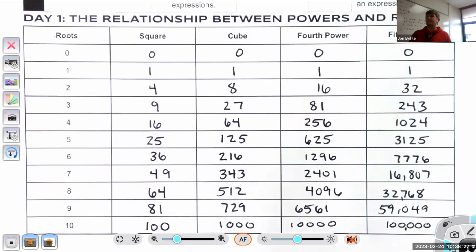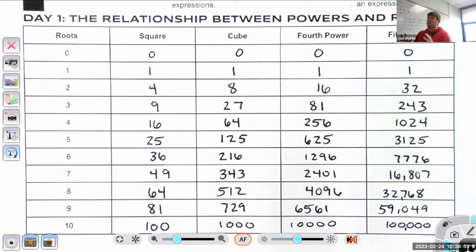All right, this is what I got. All right, ready? So this is how the chart works.